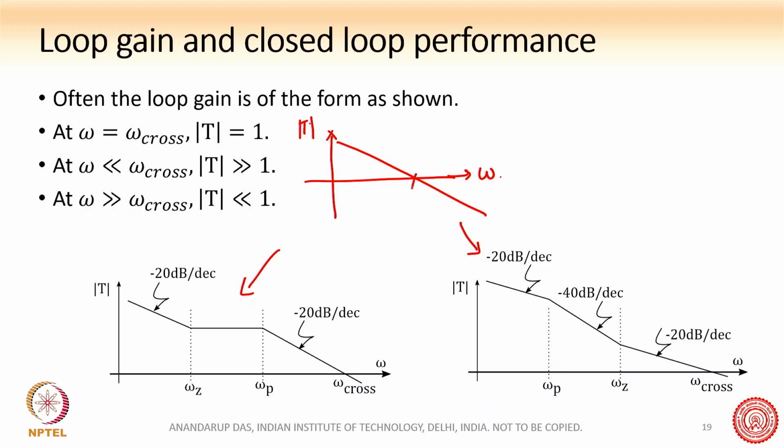Okay, it crosses this 0 dB line at omega cross, right? In between you can have poles and zeros, like you can see here, this has a pole and then a zero and then another pole, or you can have one pole, a double pole, and then another zero, like that.